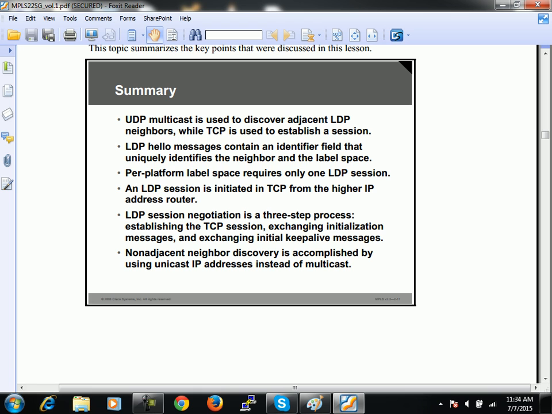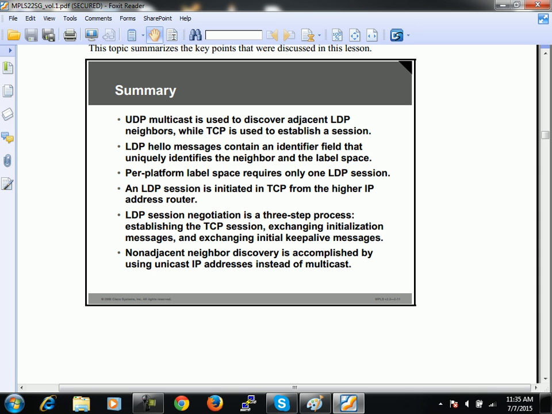So summary: UDP multicast is used to discover adjacent LDP neighbors, while TCP is used to establish a session. LDP hello messages contain an identifier field that uniquely identifies the neighbor and the label space. I mean, they are talking about the LDP router ID. Per platform label space requires only one LDP session. See, per platform there will be only one LDP session, right?